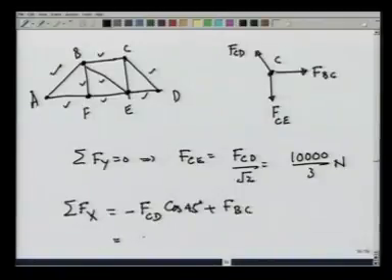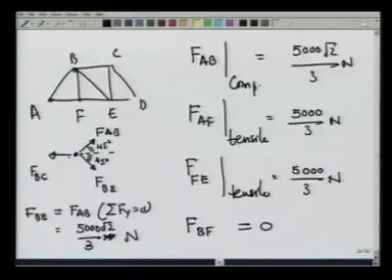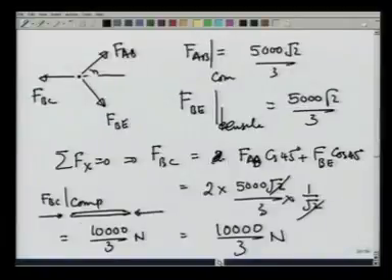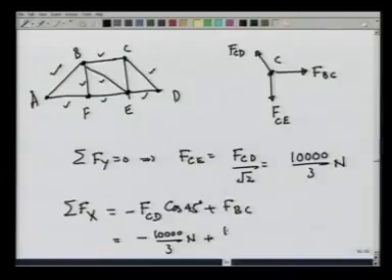So, this comes out to be minus 10,000 over 3 newtons, plus FBC, which from the previous slides was calculated to be 10,000 over 3 newtons, which is 0. So, we are consistent in our calculations.